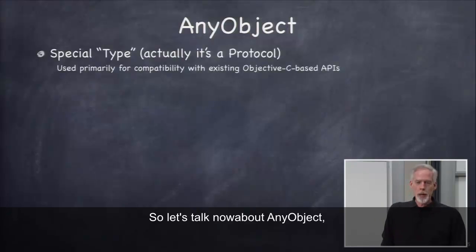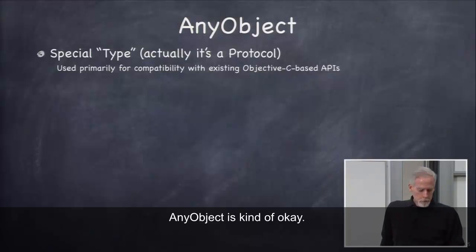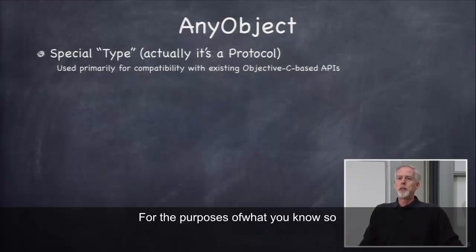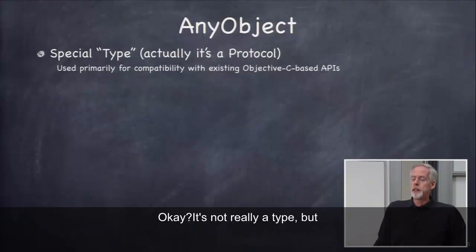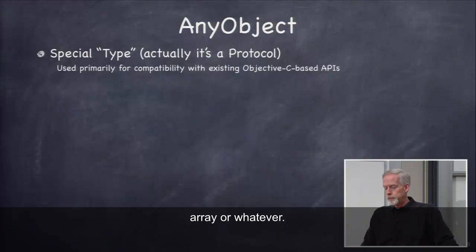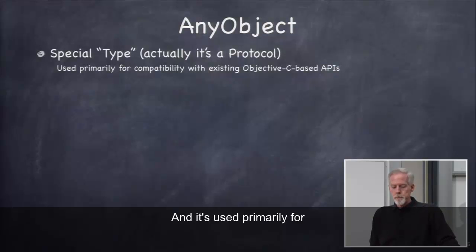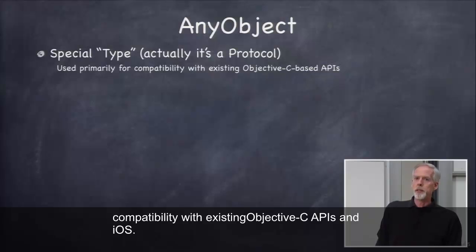Okay, so now let's talk about AnyObject. This was brought up earlier. AnyObject is kind of a, okay, for the purposes of what you know so far, you can think of it as a type. Okay, it's not really a type, but you can think of it as a type, like double or array or whatever. And it's used primarily for compatibility with existing Objective-C APIs in iOS.